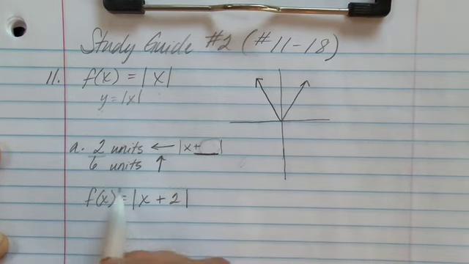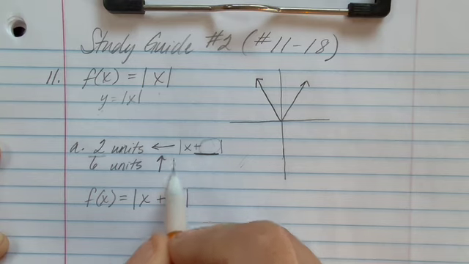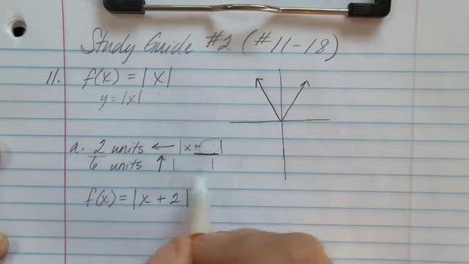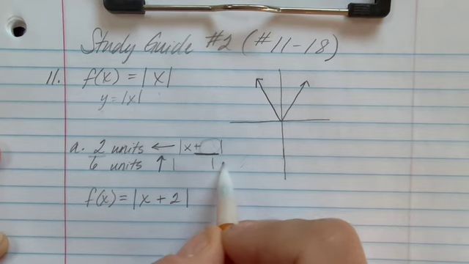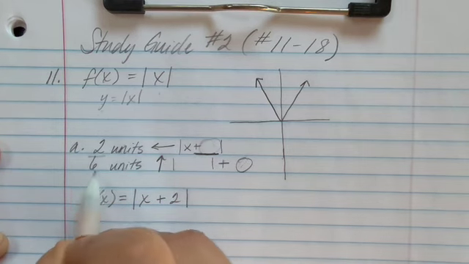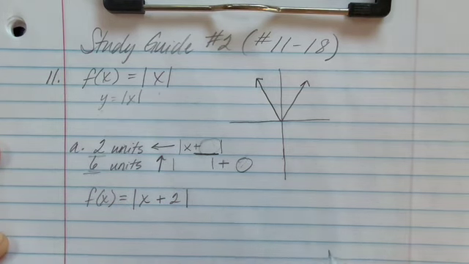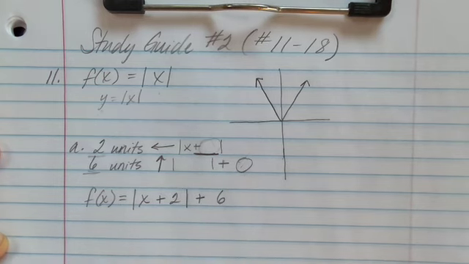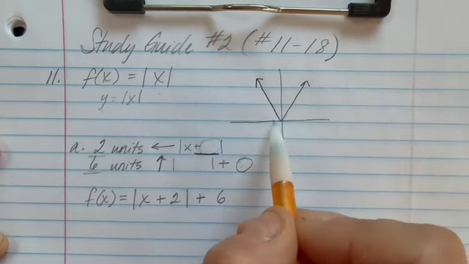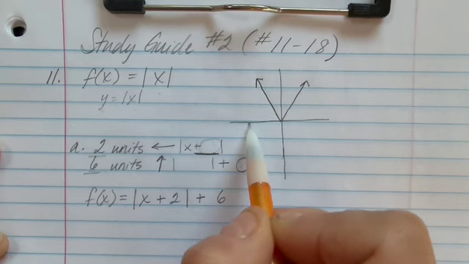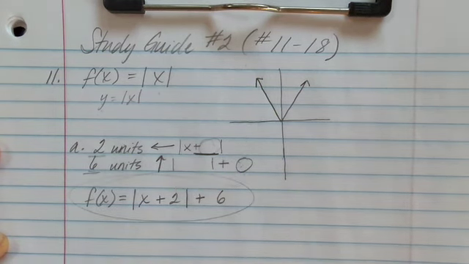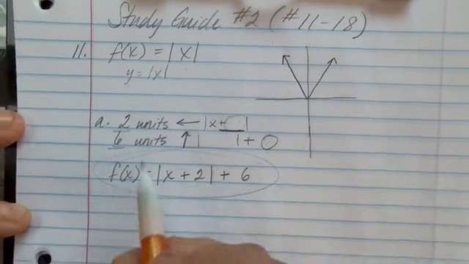When we want to move up or down, we are adding if we want to move up, subtracting if we want to go down. So in this case, we're going to be adding, and this value goes outside of the absolute value sign. So this is the translation. If I wanted to move the vertex over 2 to the left and up 6, my new function rule would look like this.